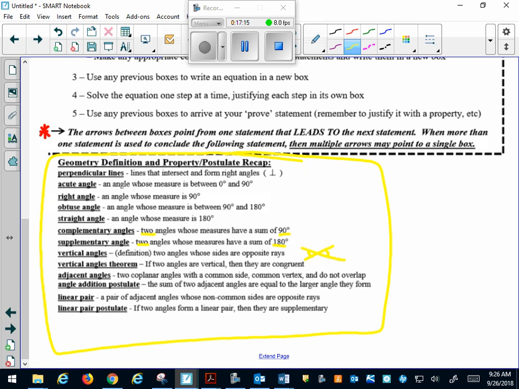All that sound familiar to you? Yes. Okay. So these are also going to become reasons in our proofs. Definitions and theorems can be reasons as well.